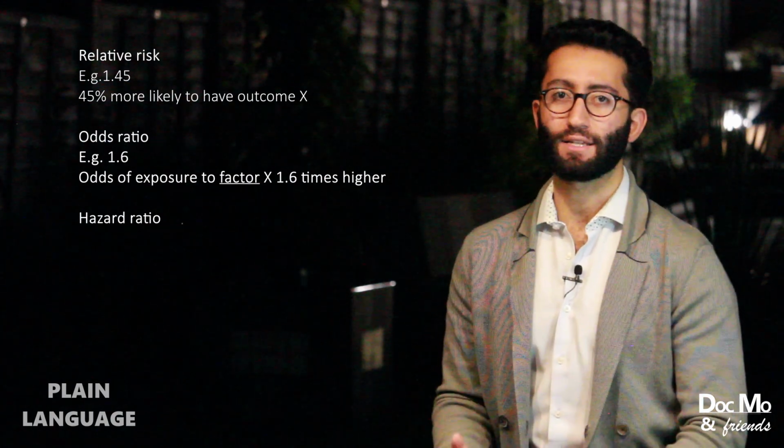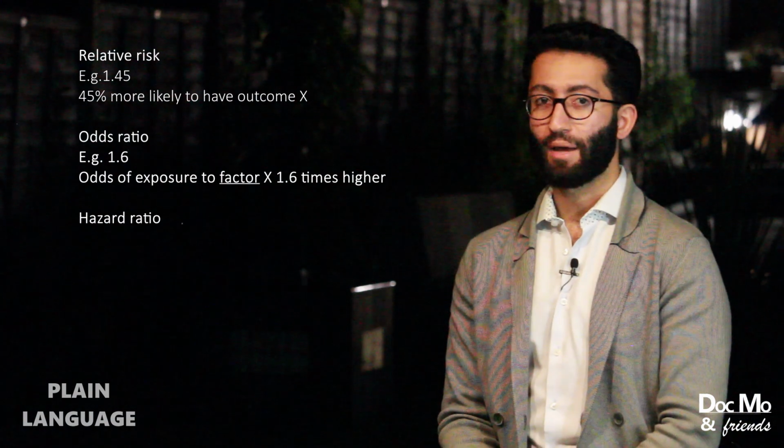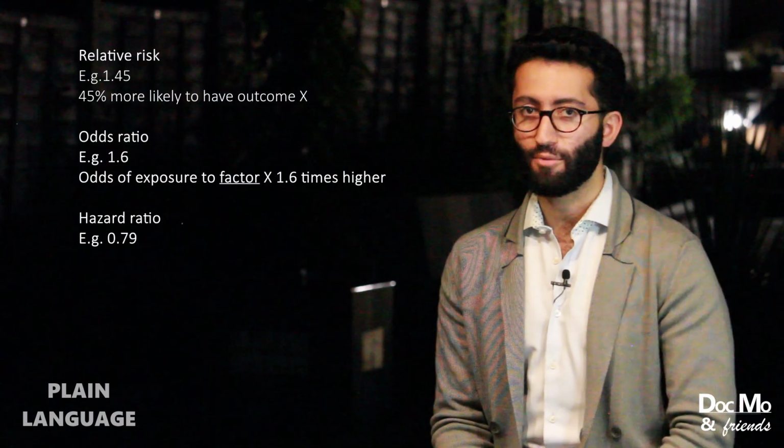So now let's talk about hazard ratio. Let's say, for example, I was doing a randomized control trial and I was looking to compare recurrence of cancer following use of a new drug, a new chemotherapy drug. Let's say that the hazard ratio came out at 0.79. How would I interpret that statistic?